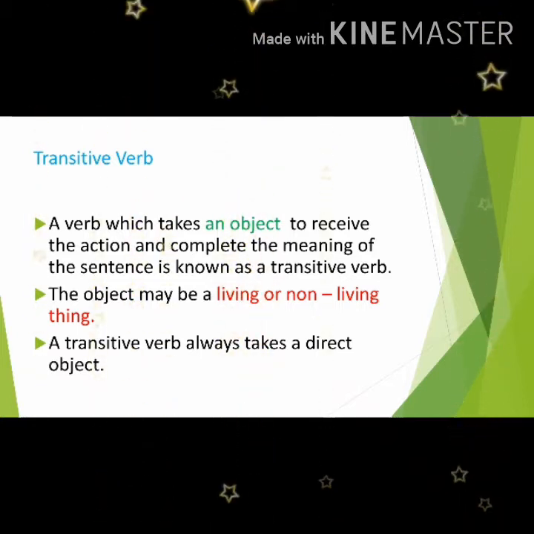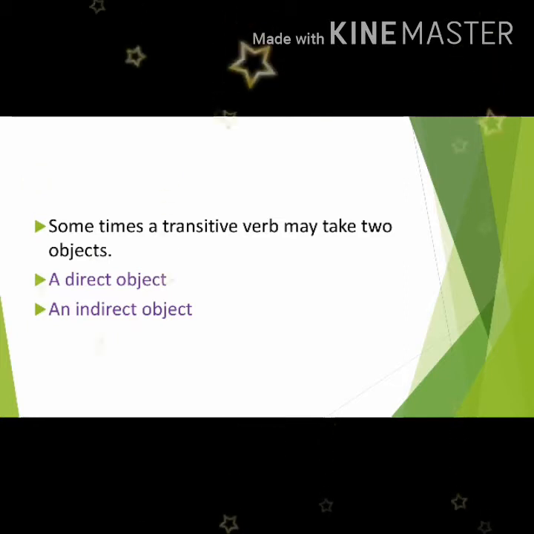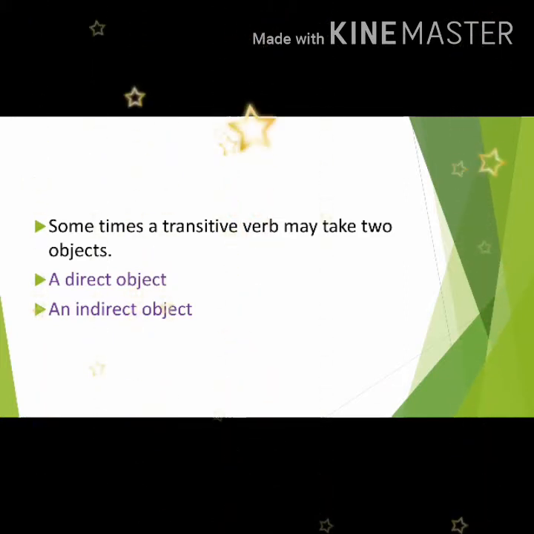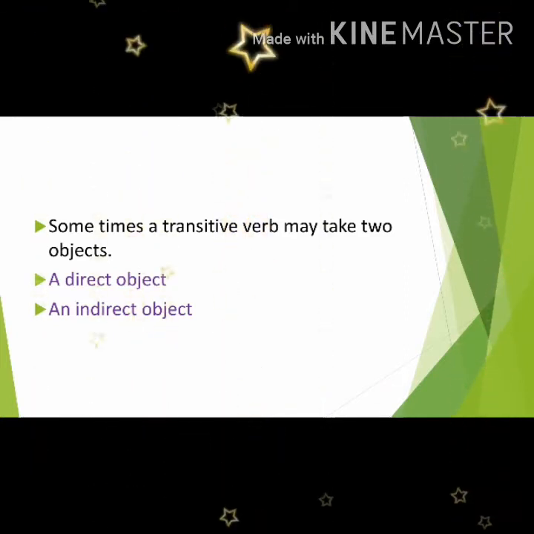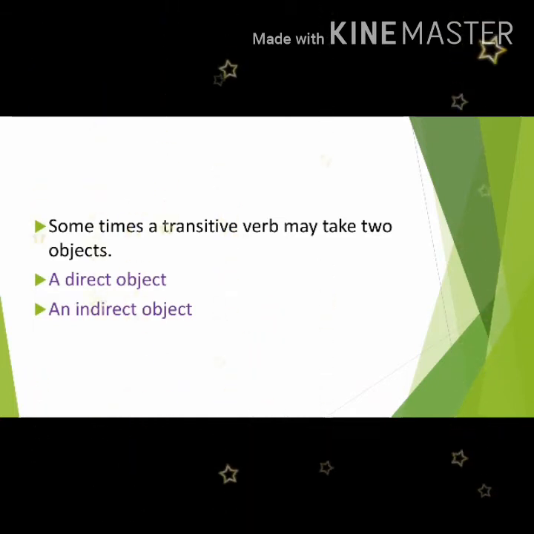A transitive verb always takes a direct object. Sometimes a transitive verb may take two objects, a direct object and an indirect object. As we have already learned about direct and indirect object, let's just revise them and move on to the next.